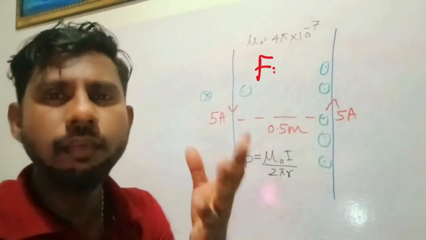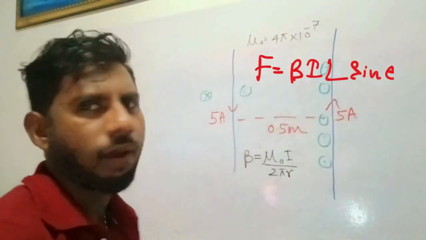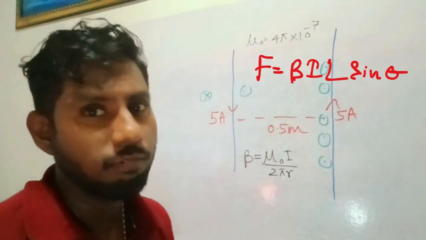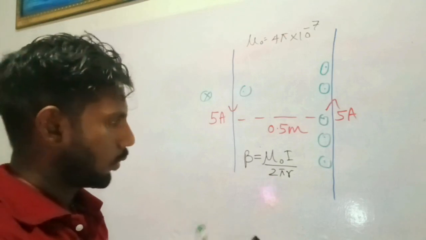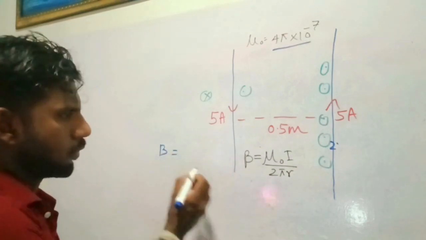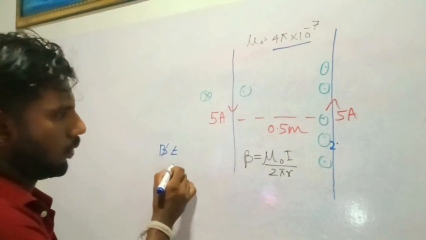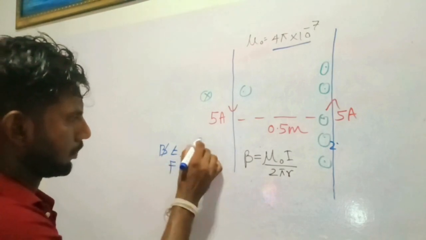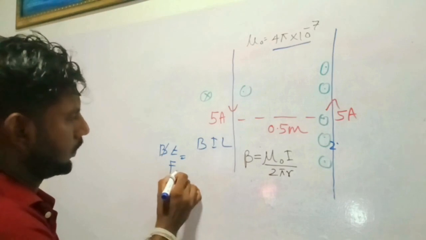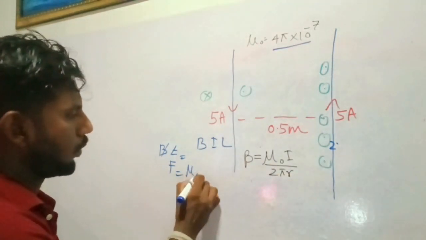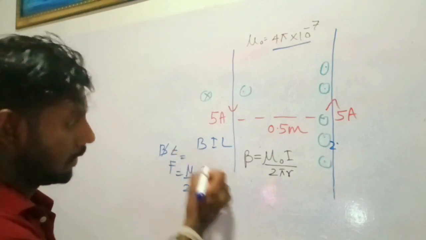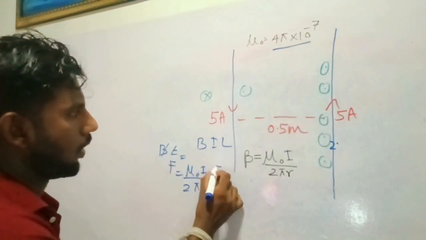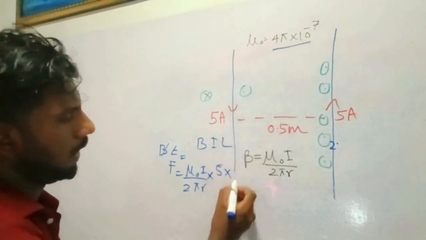F equals BIL. Actually the length of the wire is not given, so we have to consider 1 meter length, right? Let's apply the equation now. F equals BIL. B we have found here, mu naught I over 2 pi r, times I, the current 5 amperes, times L length.